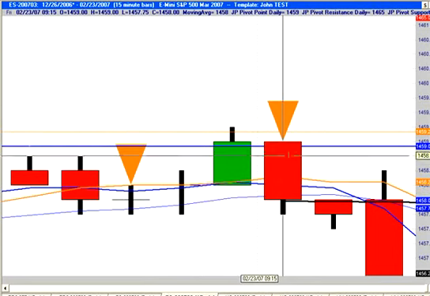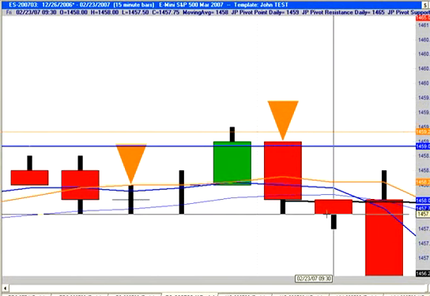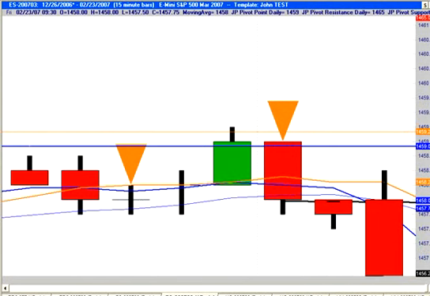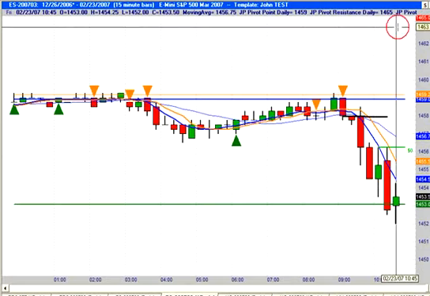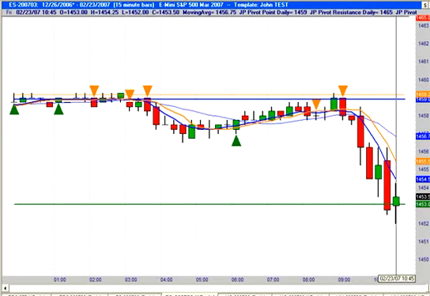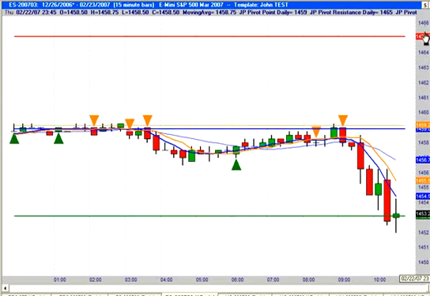Right in here, this was telling you that this market's internals were weakening. Best of all, it wasn't just that, but it was confirmed by 3 various markets: the Dow, the S&Ps, and again the Russell. So I think it's very important to identify where we are in relationship to the range.